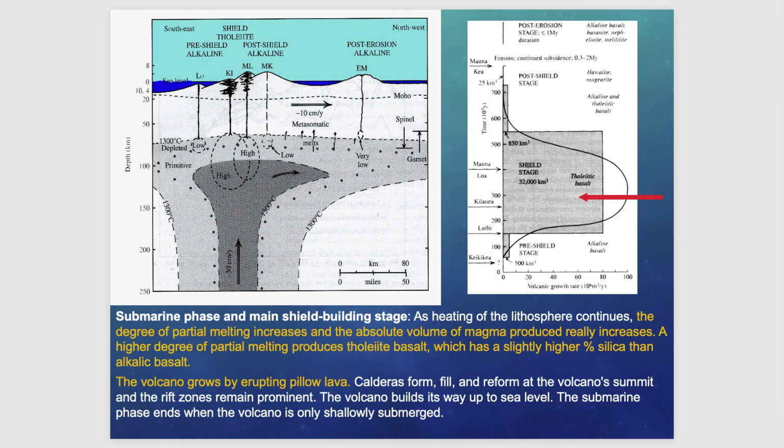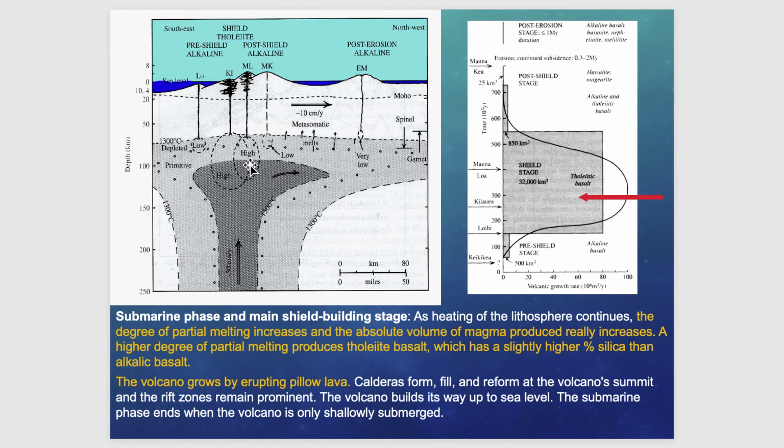So if we change slide, in this other example we have Kilauea and Mauna Loa, which are really part of this key stage in which you have the development of more than 32,000 cubic kilometers of tholeiitic basalt. So that's the key building stage for the volcano, and you have a massive amount of lava that is emitted by Kilauea and Mauna Loa because they are right on the hot spot.